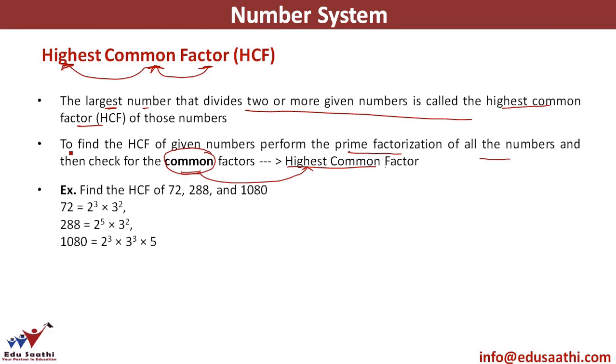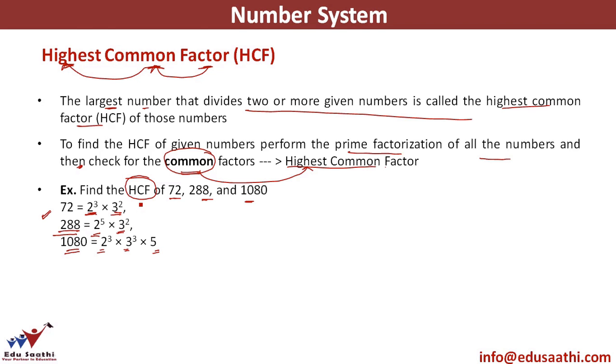Let's look at the numbers 72, 288 and 1080. I have to find the HCF of these numbers. So 72 can be written as 2 cube into 3 square. 288, the prime factorization form is 2 raised to power 5 and 3 square. 1080, the prime factorization form is 2 cube, 3 cube and 5.